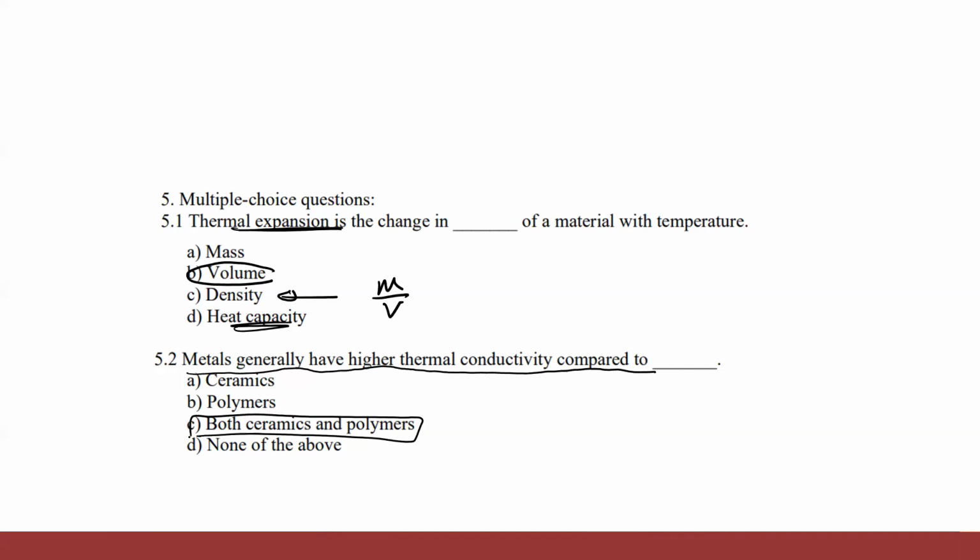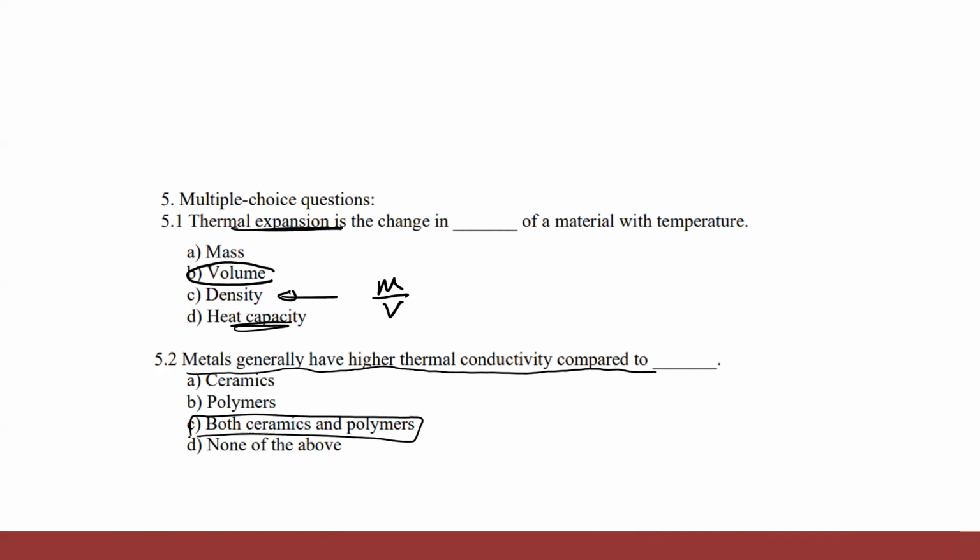Why is thermal or electrical conductivity higher in metals? Because if you look at the metallic bonds, we have an electron cloud and the metal nuclei are staying there. So electrons can easily move. So heat and also electricity, metals are better at conducting them.